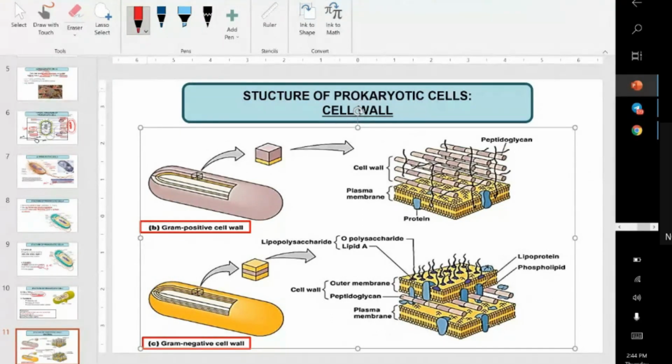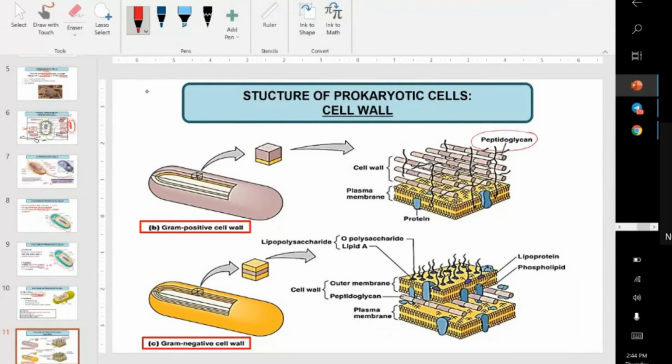Okay, why? First, in gram-positive bacteria, the peptidoglycan and the plasma membrane are attached or embedded together side by side, with the peptidoglycan as a thick layer on the outside.